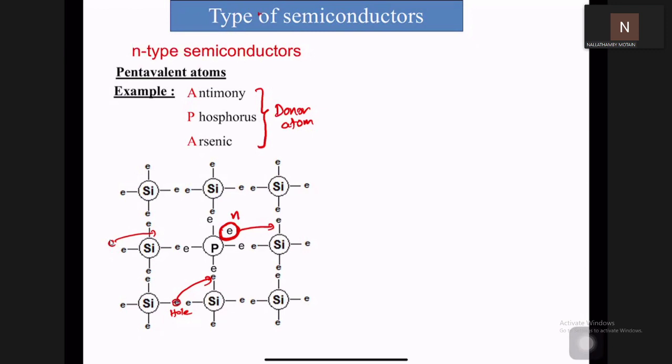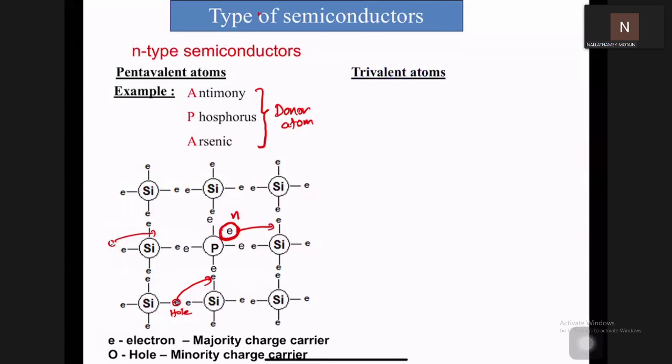Now we continue with the next one. Electron is the majority charge carrier, holes the minority charge carrier.